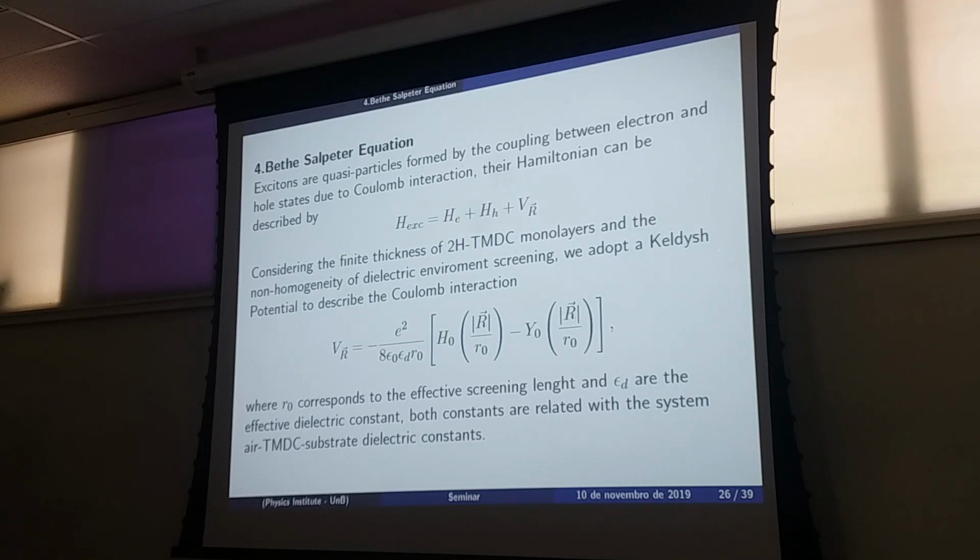It's not a full bulk material, so we can use this approximation instead of the normal Coulomb potential to describe this. We have some kind of effective screening effect here, r0, and you have some kind of effective dielectric constant. So when I change the substrate, I'm changing those two parameters. I can go to silicon oxide, hexagonal boron nitride, or vacuum and substrate and make these changes.